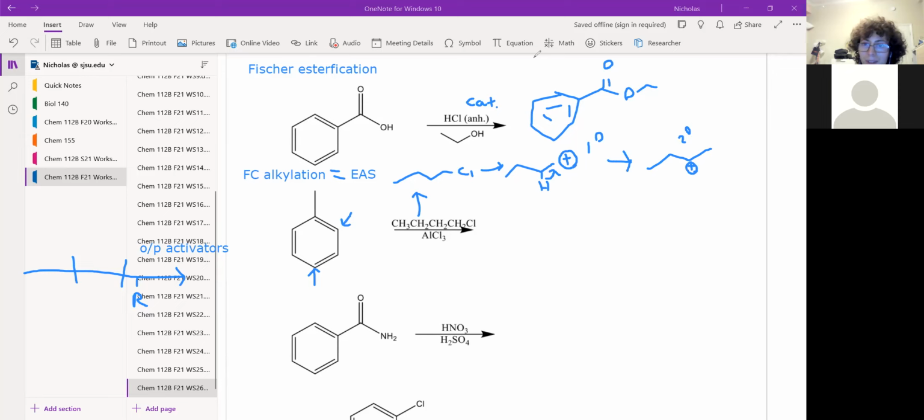So this is the electrophile. And then the benzene ring will attach to the spot with the carbocation, not to the end of the chain. So it will give you these two products, ortho and para substituted.